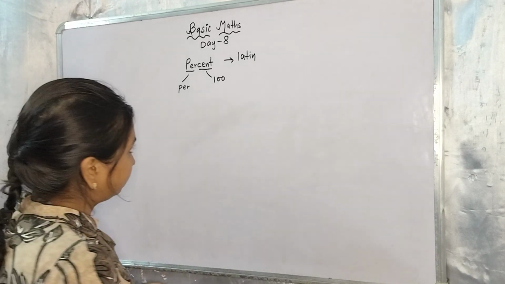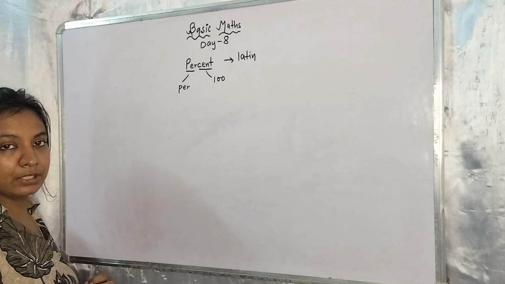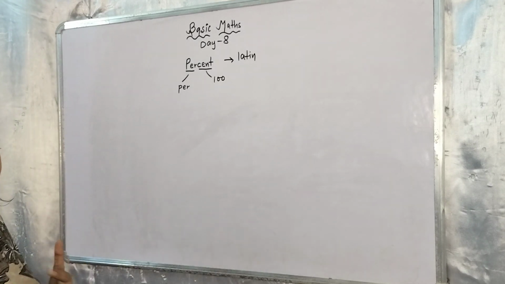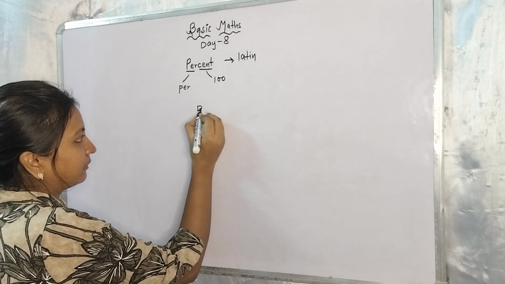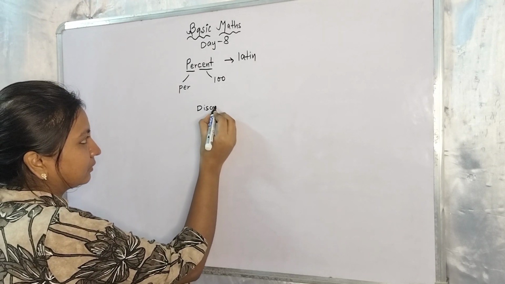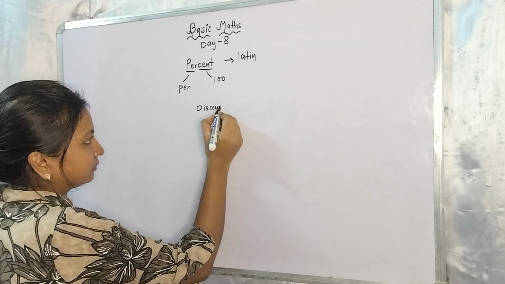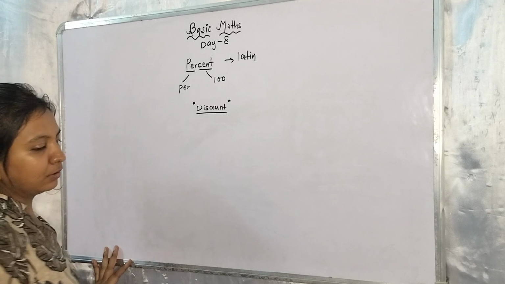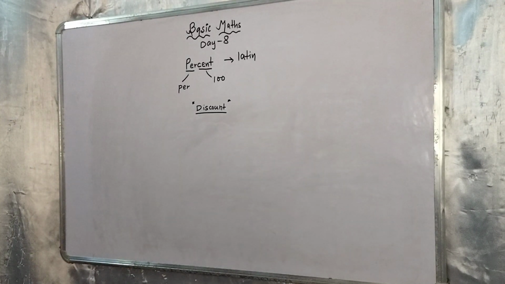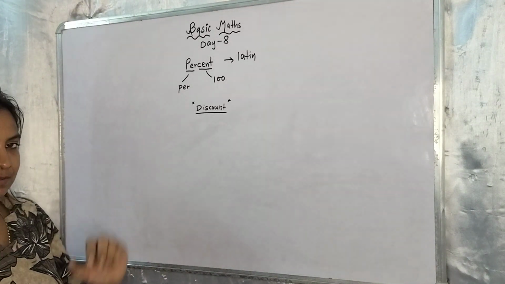So now let's take how we can use this percentage chapter in our regular life. For example, discount. I hope everyone is familiar with this term, that is discount. Everyone loves to buy items when they are on discount.